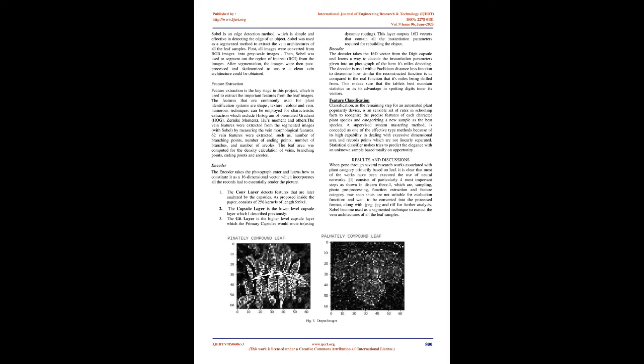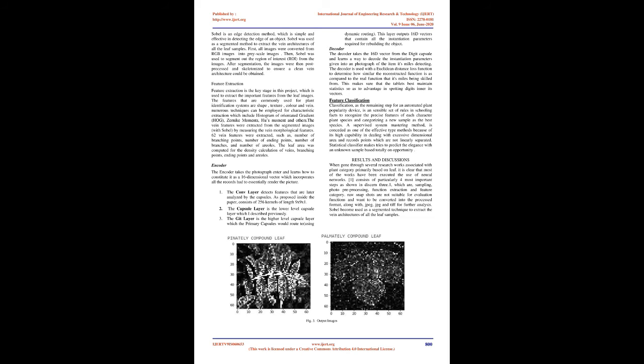Encoder. The encoder takes the photograph input and learns how to represent it as a 16-dimensional vector which incorporates all the information needed to essentially render the picture. 1. The CONV layer detects features that are later analyzed by the capsules. As proposed in the paper, it consists of 256 kernels of size 9x9x1. 2.